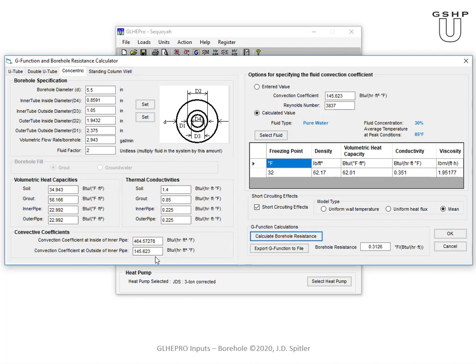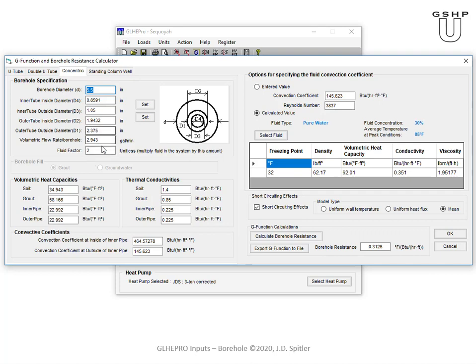Okay, so now we've got a larger convection coefficient at the outside of the inner pipe, which is what we were hoping for. Unfortunately, I think we now have a much thicker layer of grout outside, which is probably hurting us. So let's go to a smaller borehole diameter. It's probably what we need if we're going to use a coaxial pipe.